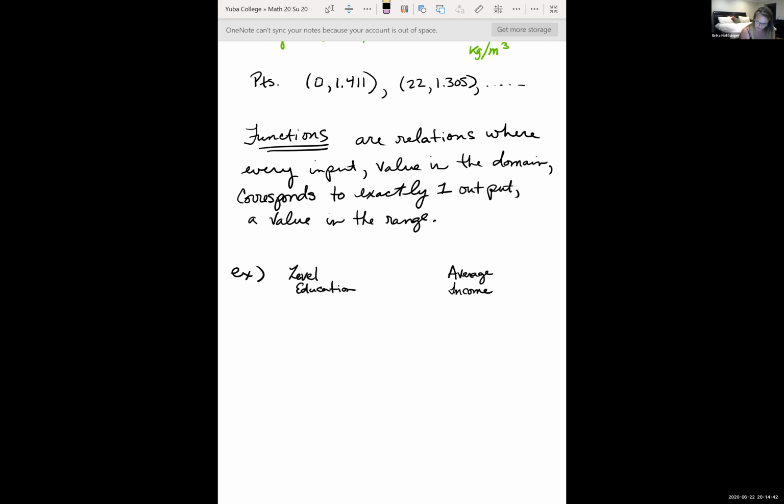The first set says less than 9th grade, and there's an arrow from there. The average income, if the person was less than 9th grade, was $18,120.